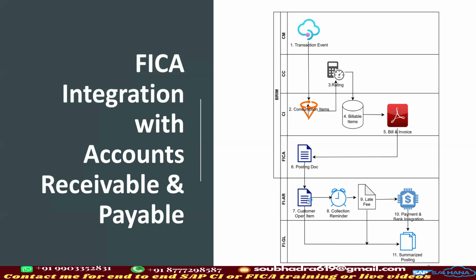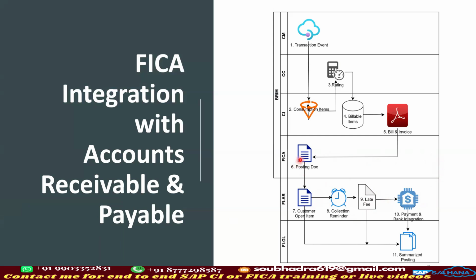Because we want the clearing to happen on the AR side. On the AR side, collection reminder, late fee, bank integration, and other things like installment plan and security deposit are already present in FI-AR. So since everything is there in FI-AR, instead of putting this in this layer, we are pushing it to FI-AR.